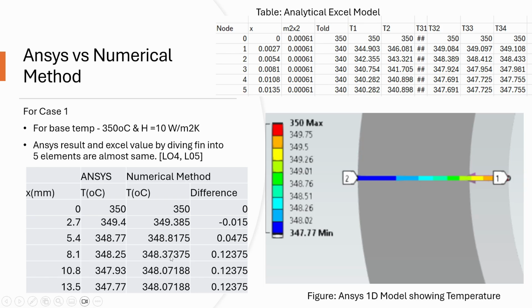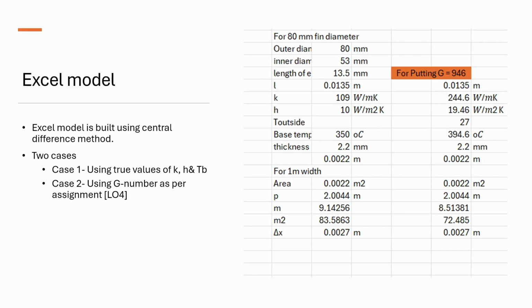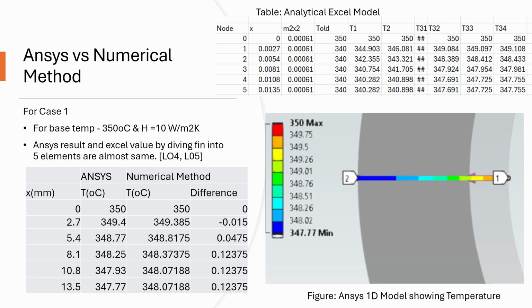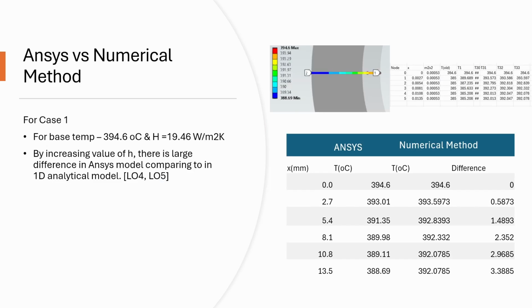In different positions I have this temperature. Also using the Excel model I got almost close values. I used all these methods and got almost the same value from the analytical Excel model and the ANSYS model, which says that it's good.